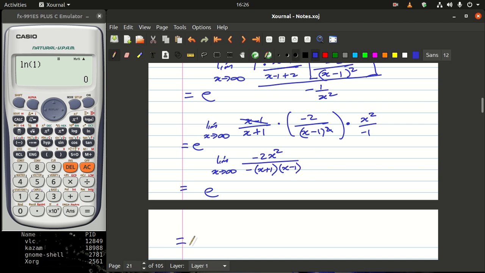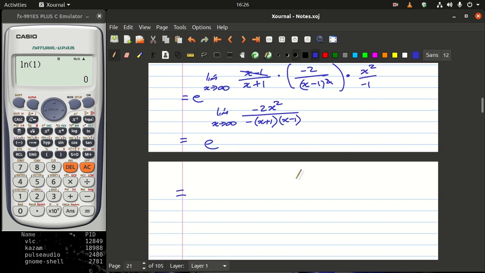And if you look carefully into this, you will find out that this is the same as e raised to the limit as x approaches infinity of, we have this minus and this minus, they cancel out, so we end up having 2x squared.